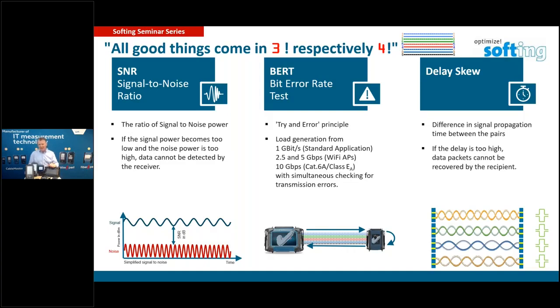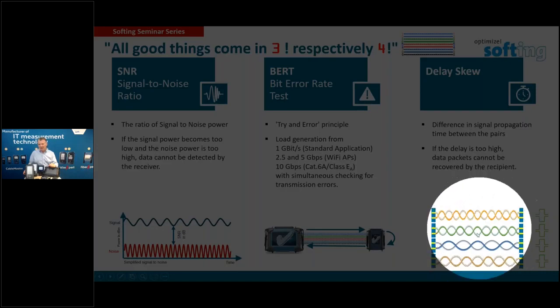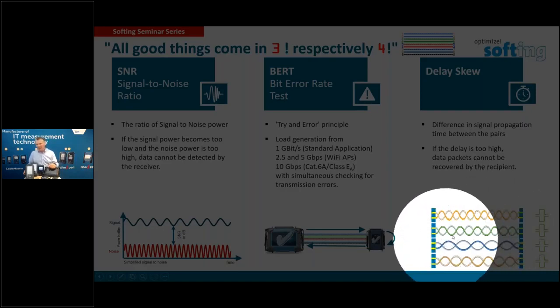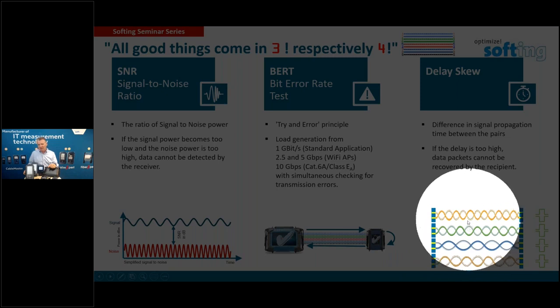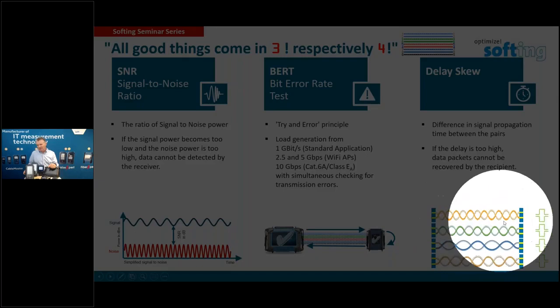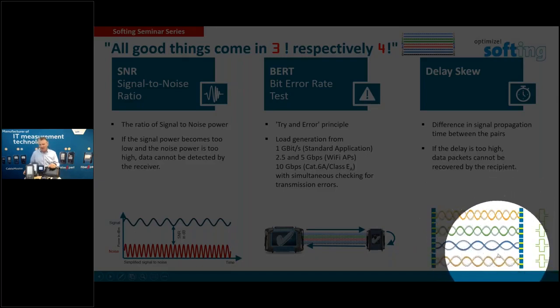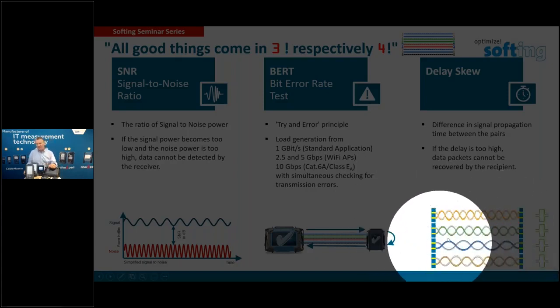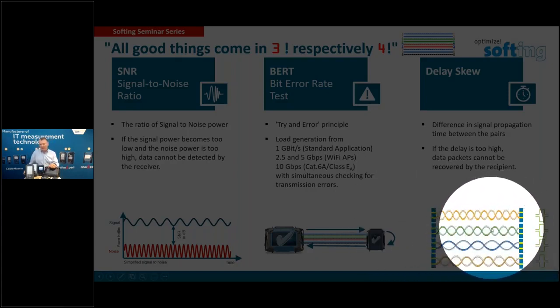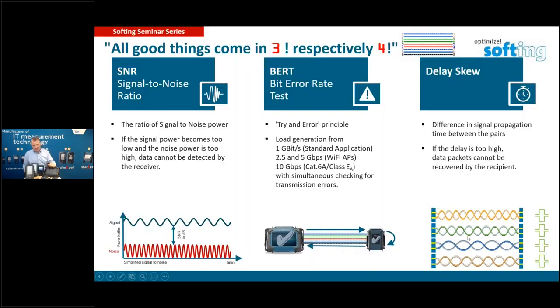if the delay is too big between the pairs in the cable, because you have different stranding grades on the twist here, you will see that the signal takes a little bit longer here than here, because the lengths are different in the cable, and if this difference is too high, it's not possible to get the right data again.